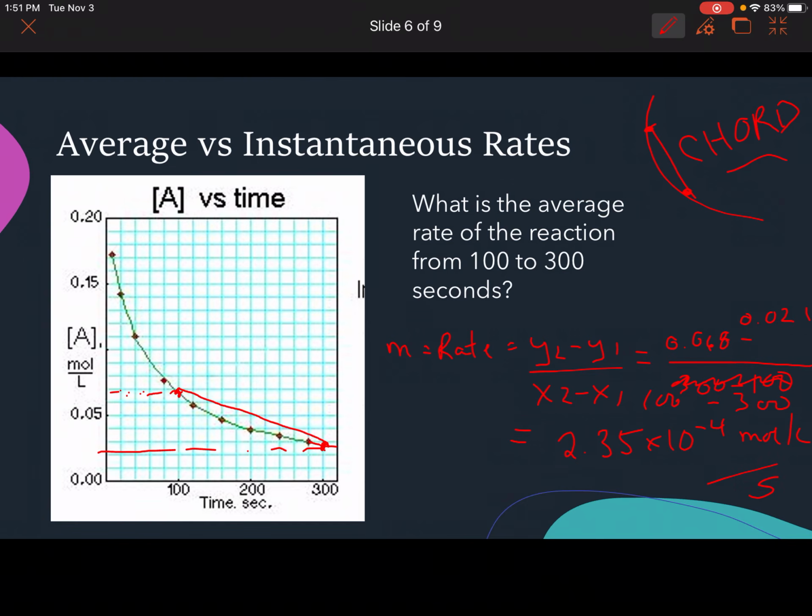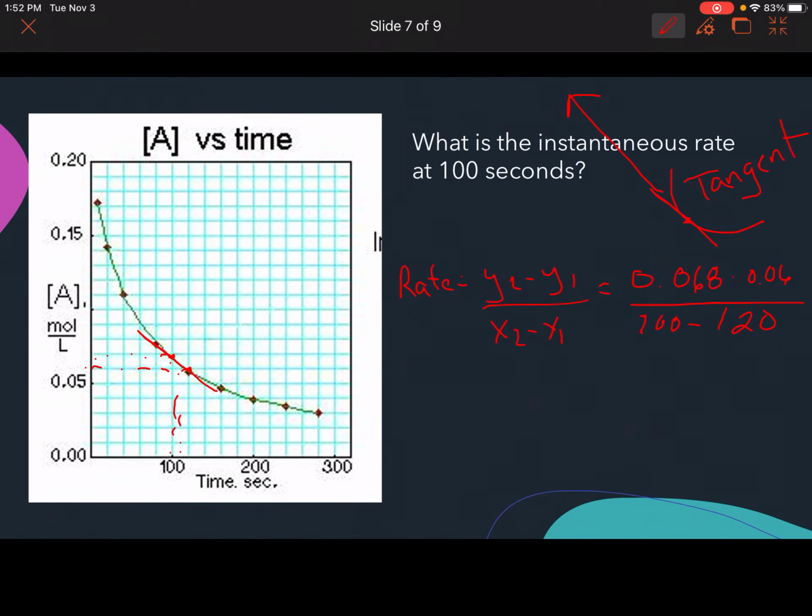Okay, 100 minus 300 there, the only difference is this is actually going to have a negative value, and we can see that because the slope is negative. My apologies, sorry. So this is going to be a negative 2.35 times 10 to the negative 4, and then this one here, let's work this out then.